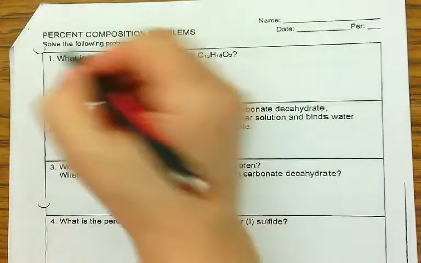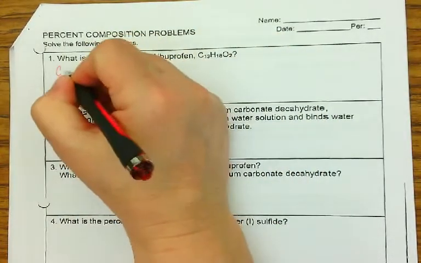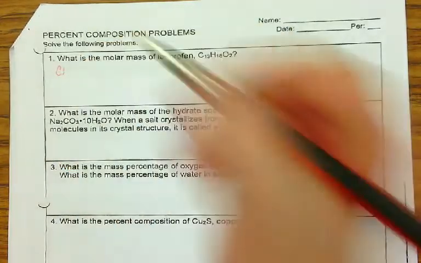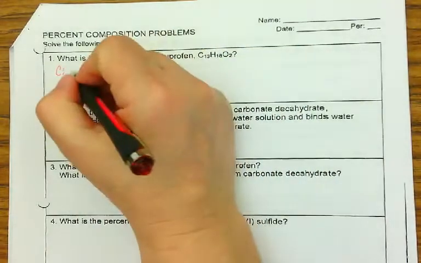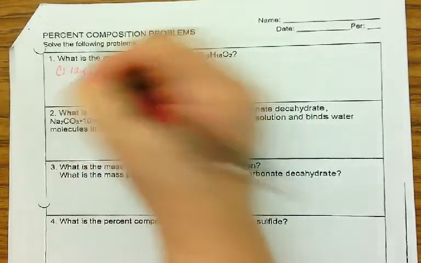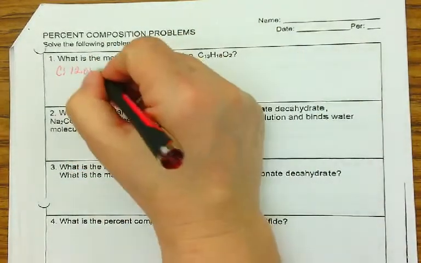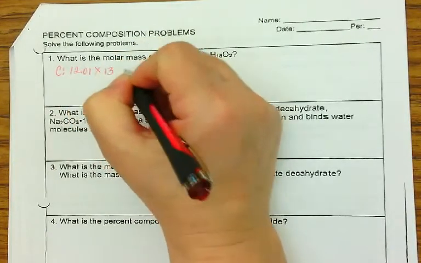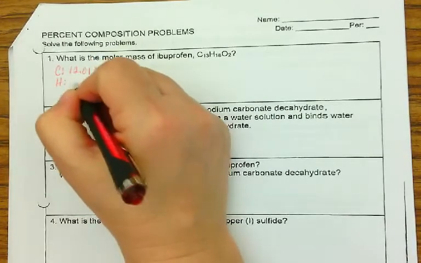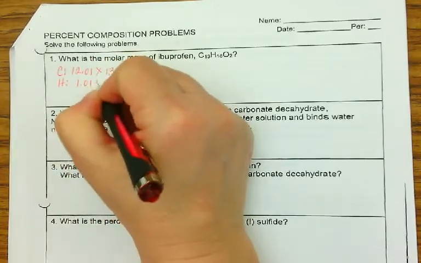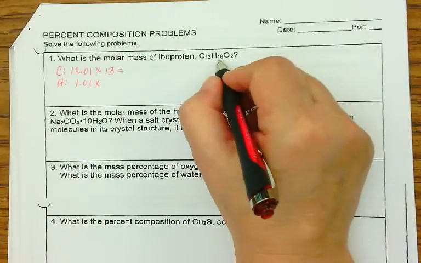So again, molar masses, carbon. I'm still on the other problem we were doing. Carbon has a mass of 12.01, and there's 13 of them. Hydrogen has a mass of 1.01, and there's 18.